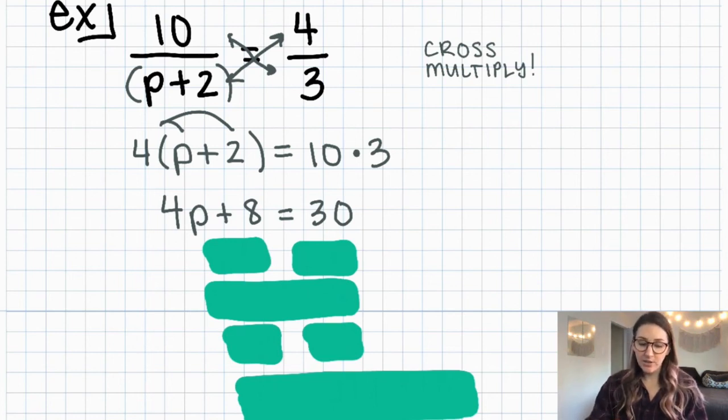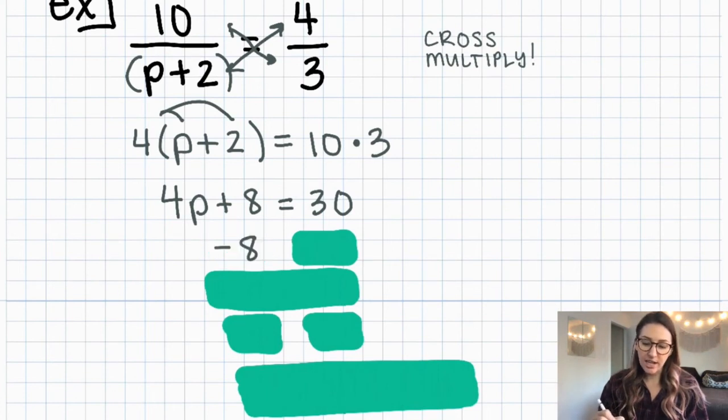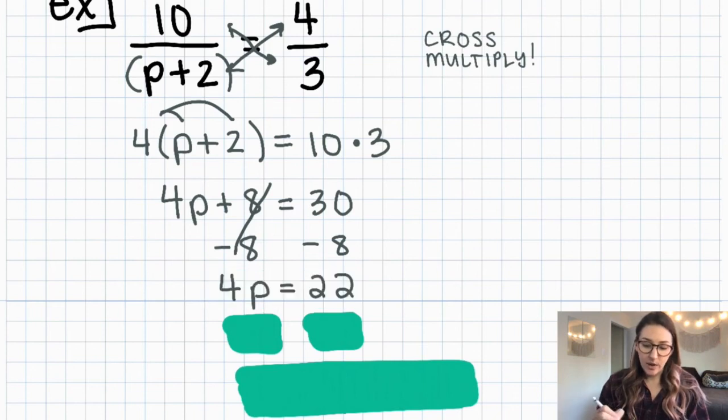Then we continue to solve this equation. This is a two-step equation, which we solve the same way every time. You always add or subtract first. In this case, we subtract 8 on both sides and then simplify. That cancels there, and it leaves us with 4p = 22.